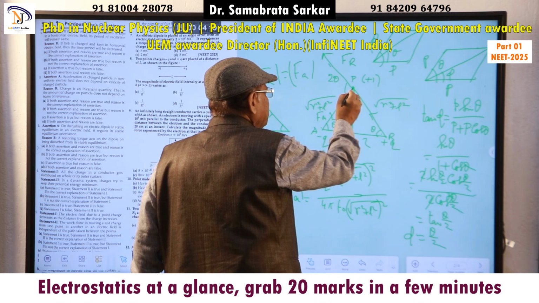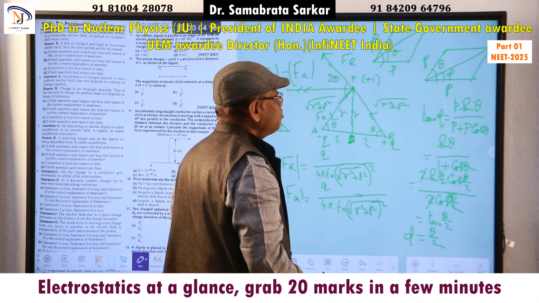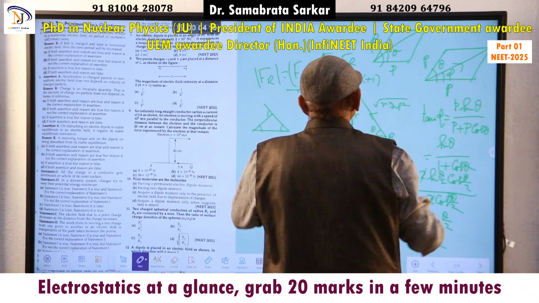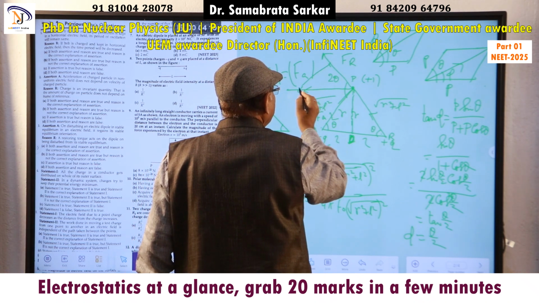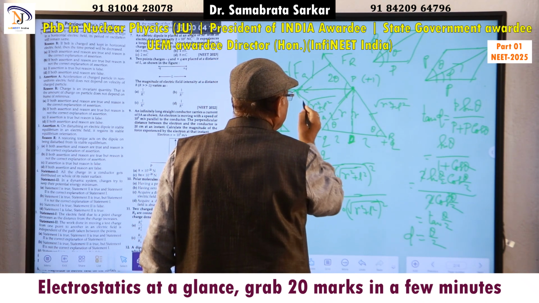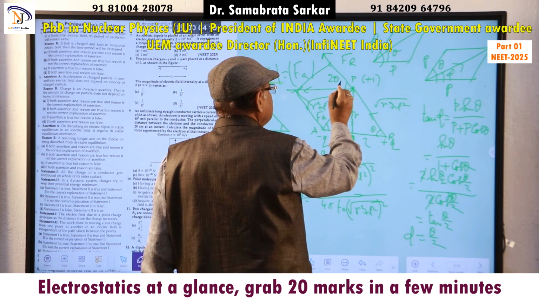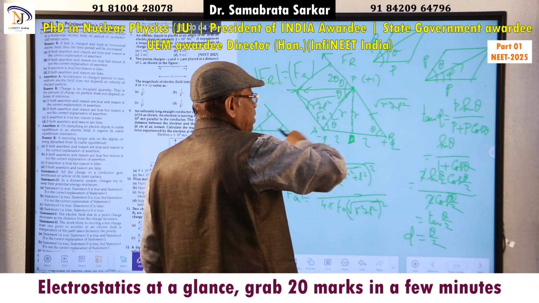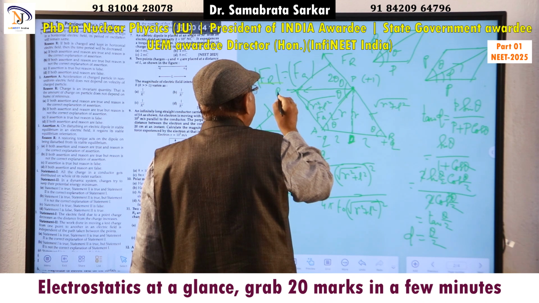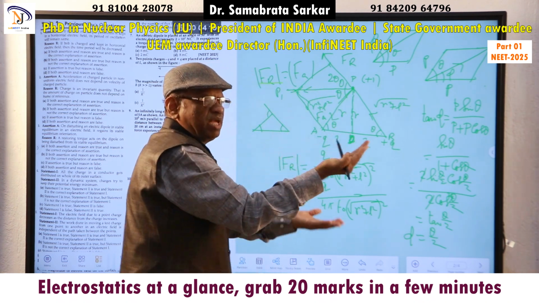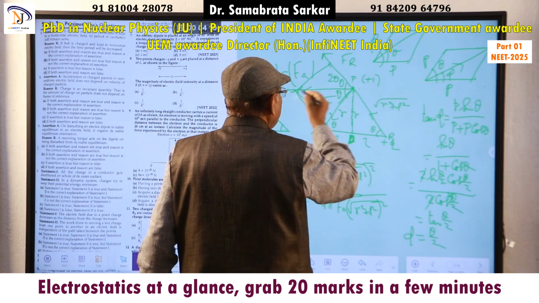So if these are the same, then the resultant will act on this. In which direction will the resultant act? This is the resultant. Similarly, this is also the resultant. Am I clear or not? This is also the resultant. So this will be theta and this will also be theta. So what are you getting? BA parallel to PP1, BA parallel to positive to negative. This is positive to negative.